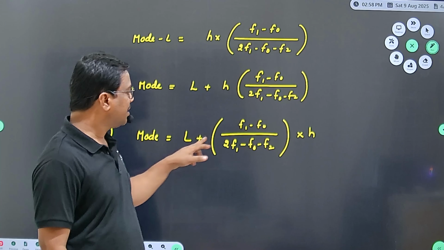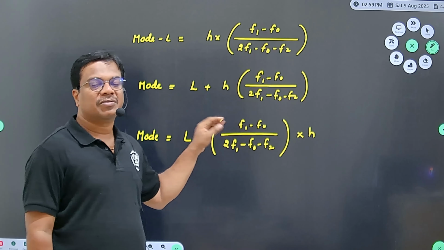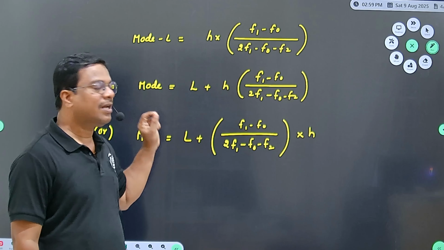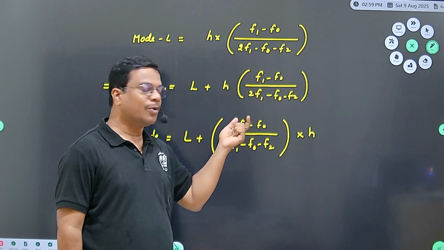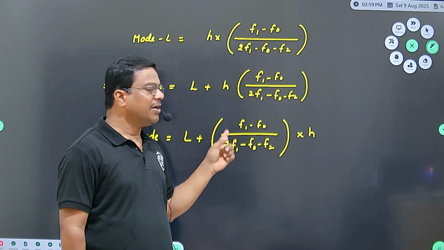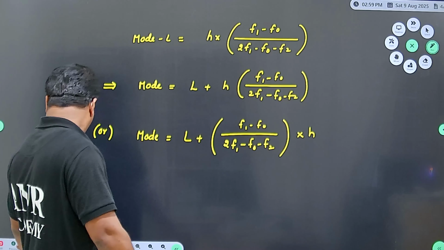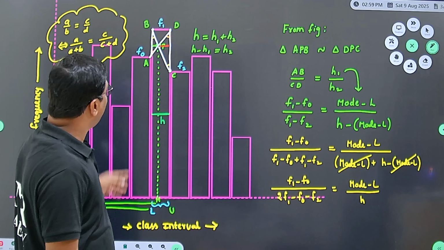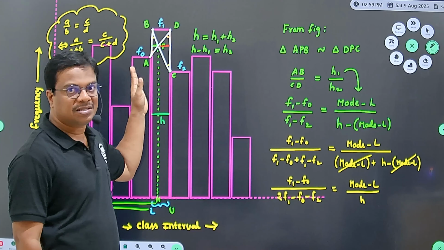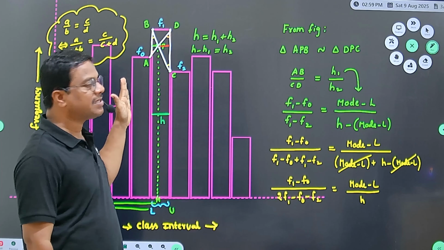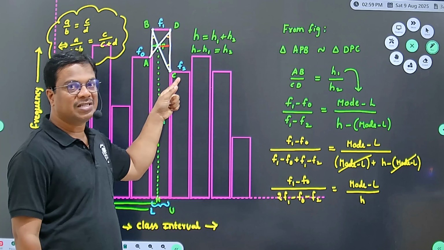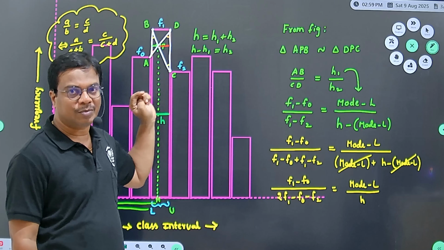Yes, next F0 is the frequency given, F1 is the greater frequency of the modal class, and F2, they are clearly from the figure we already discussed. F0 is the preceding frequency of the modal class, F2 is the succeeding frequency of the modal class.